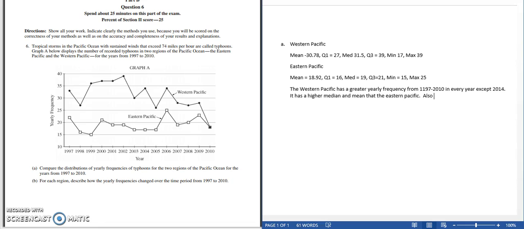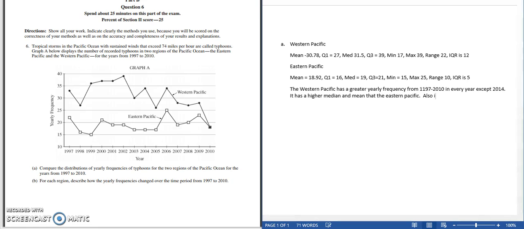Also, we'll put range. The range for this one is 22, and the IQR is 12. The range for this one is 10, and the IQR is 5.